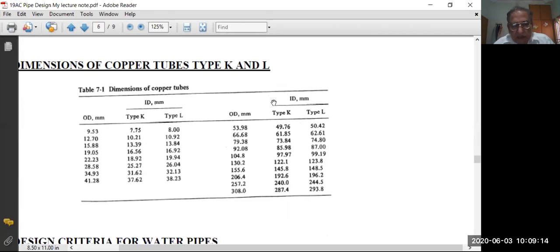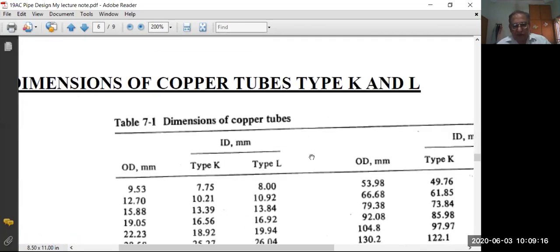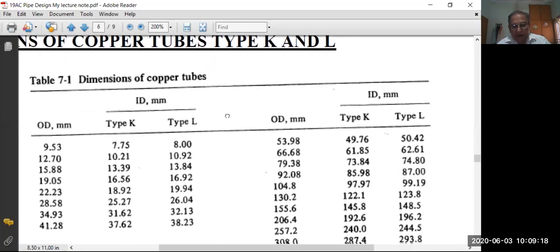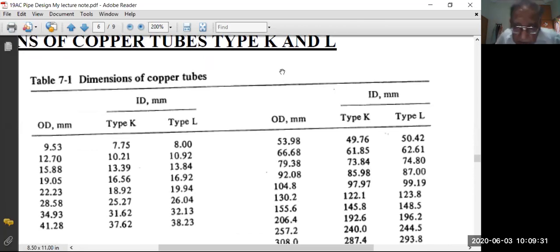Now, the dimensions of the copper tubes, I have told you, if in the problem copper is mentioned, then you have to select the inner diameter from here, because copper may be K type and L type. Just like GI pipes have schedule 40, schedule 80, copper pipe has no schedule number, it is type K, type L. For type K the inner diameter is less, for type L the inner diameter is more.